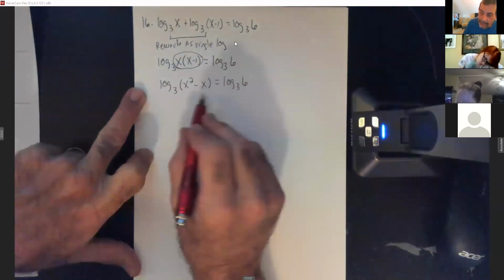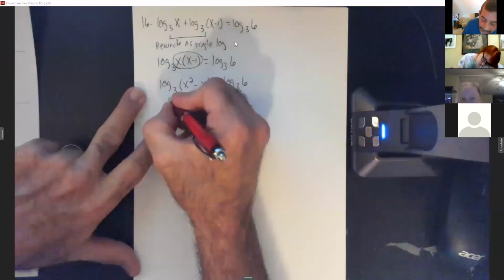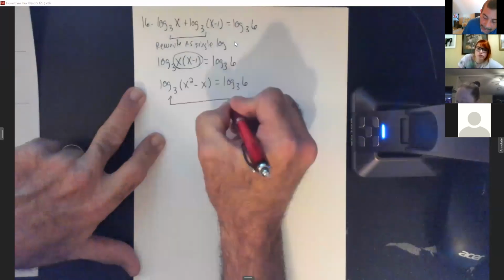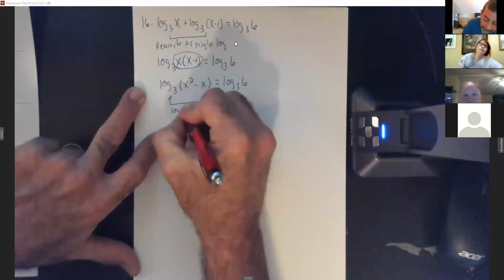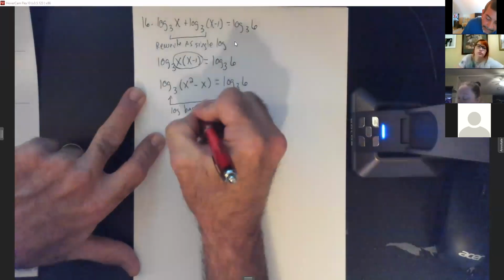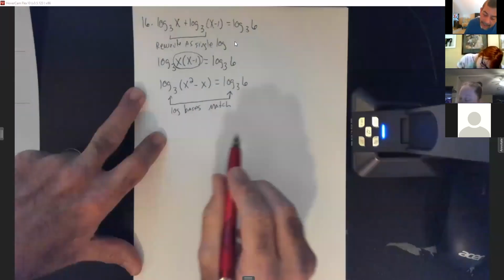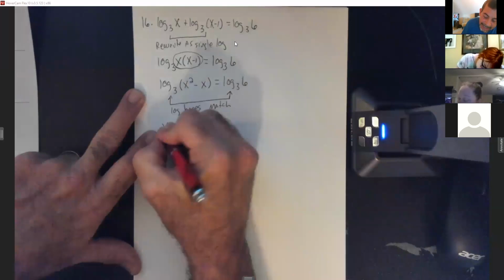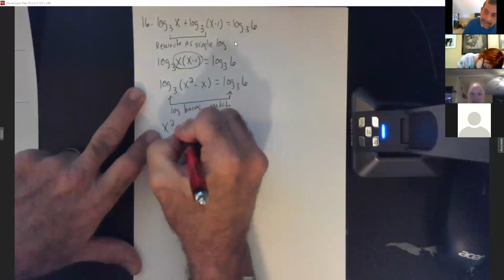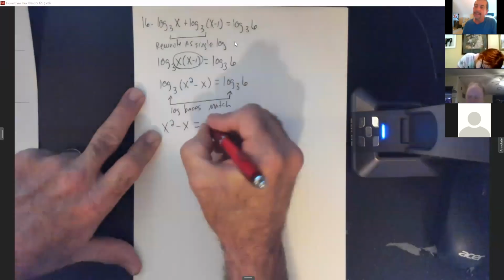All right, now we do have logs on both sides, and the log bases match. So since my log bases match, I know that x squared minus x has to equal 6.